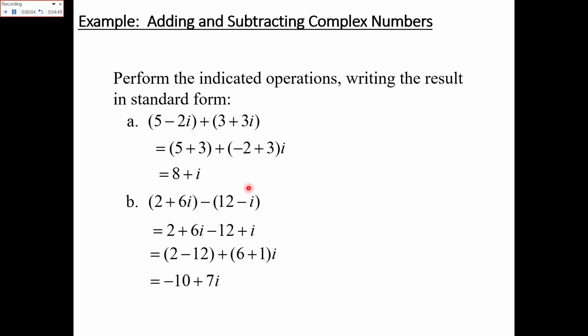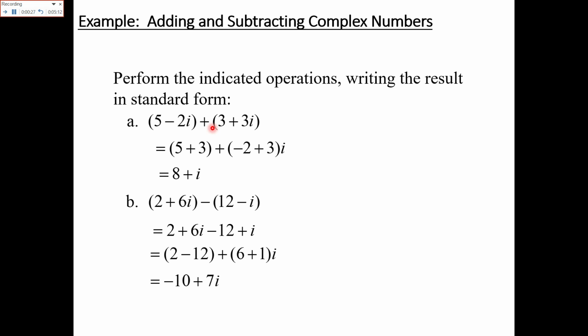If I have to perform the operation of addition and subtraction, how will I perform it? For example, I have been given two complex numbers, and I have to add them. Here one number is 5 minus 2 iota plus 3 plus 3 iota. Now what will you do?